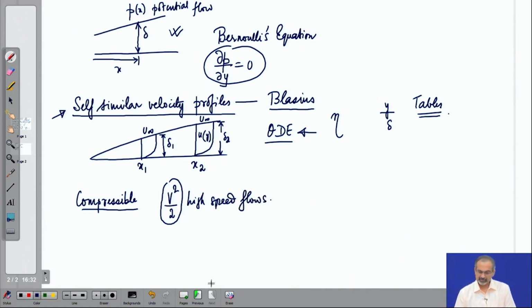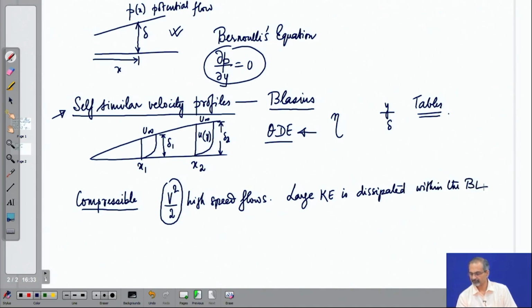And as a consequence, what happens is that a large kinetic energy is dissipated within the boundary layer by the time the velocity reaches zero at the wall.